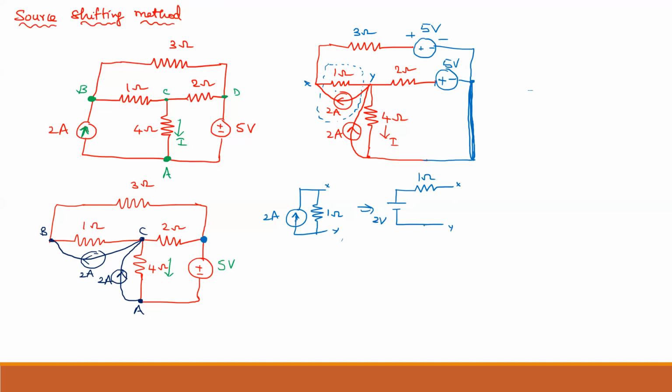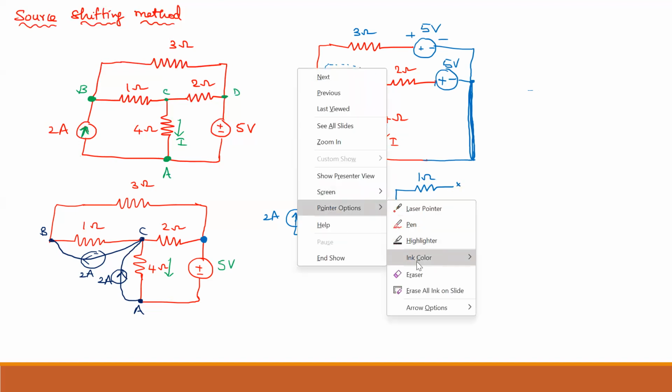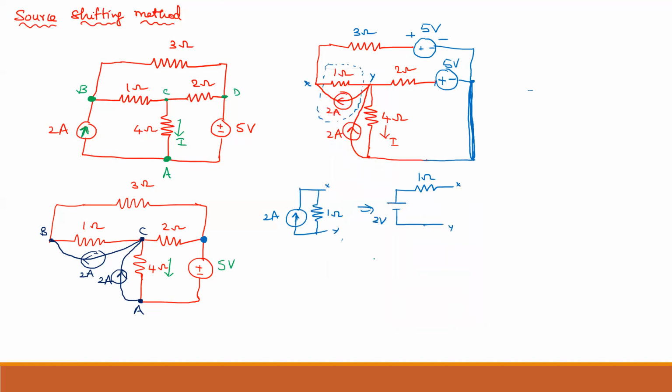You just substitute there, I mean you have to draw there. So how are you going to draw that? So the 3 ohm and plus minus 5 volt is there. Here I found the x point, x is connected, one resistance is there.